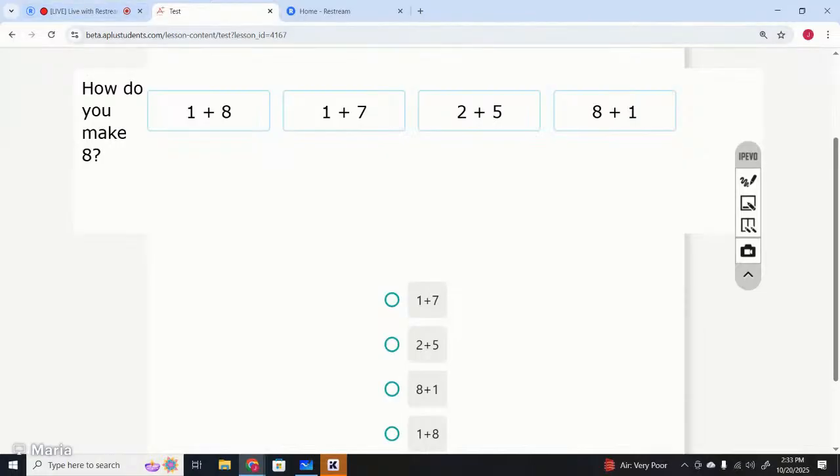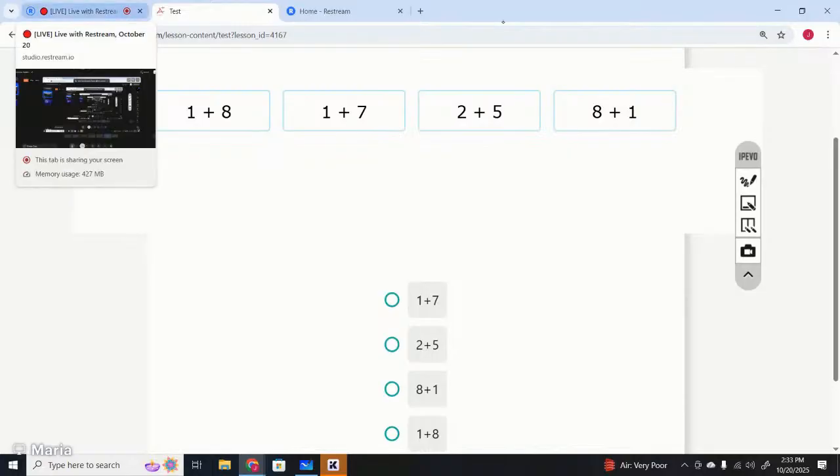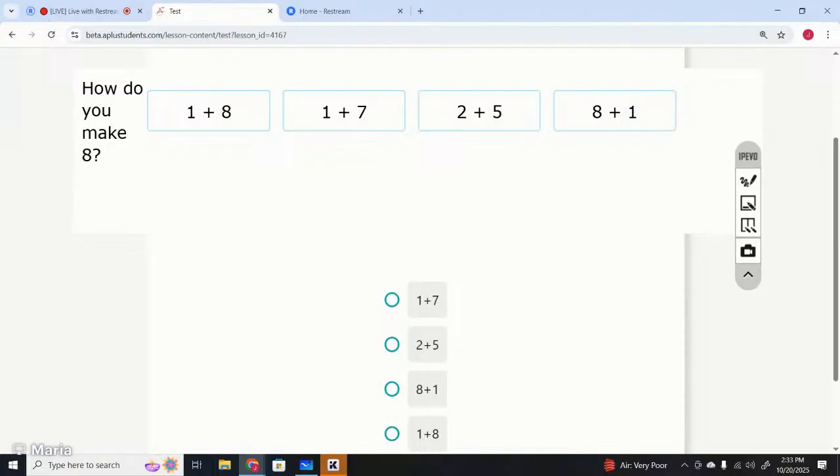How do you make 8? That is 7 plus 1 makes 8.